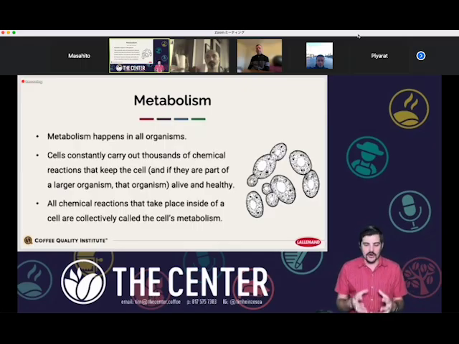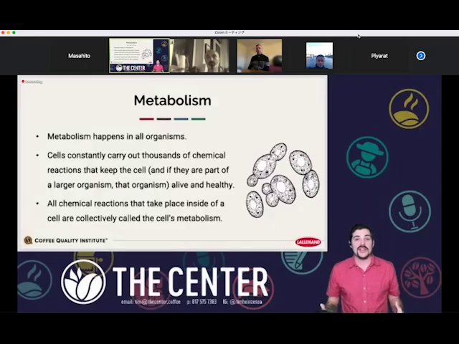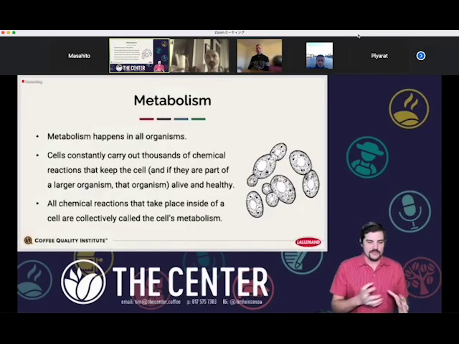So the key part that we're focusing on here is that something is changing. There are different pathways to that, different understandings of that, but as a foundational concept, that's what we're talking about. Cells are constantly carrying out thousands of different chemical reactions, and these are all about keeping the cell alive and healthy.